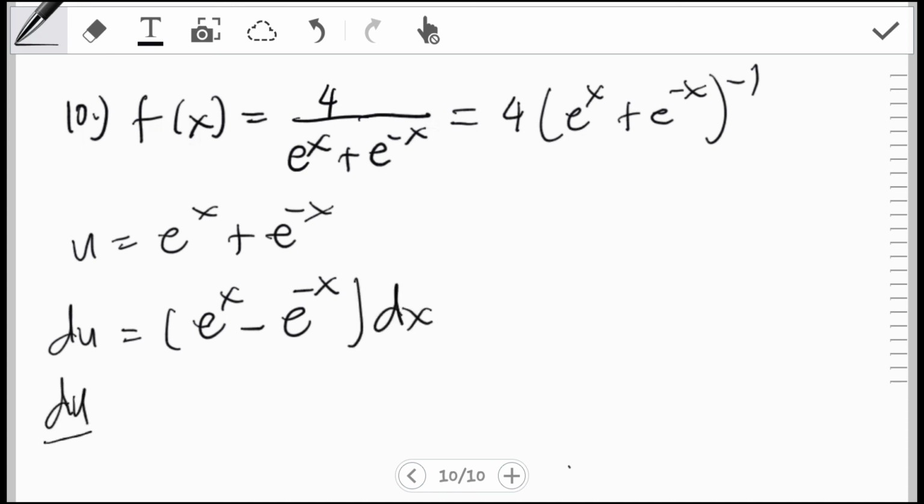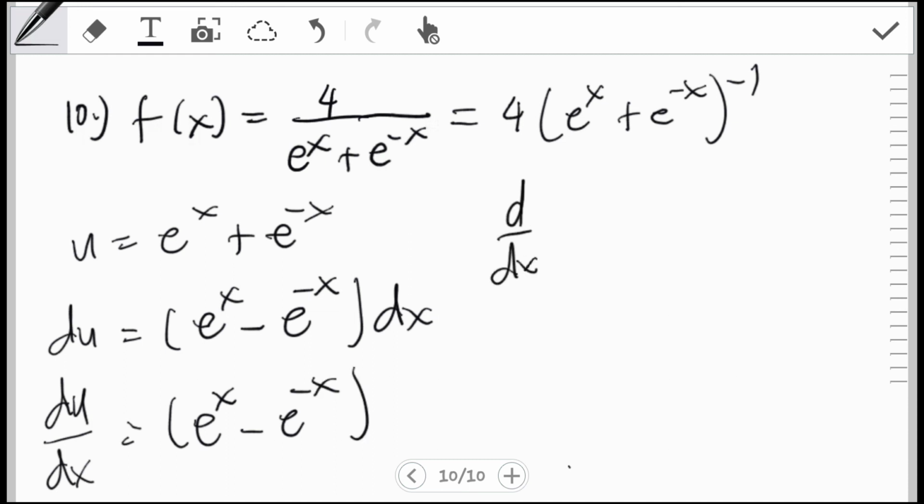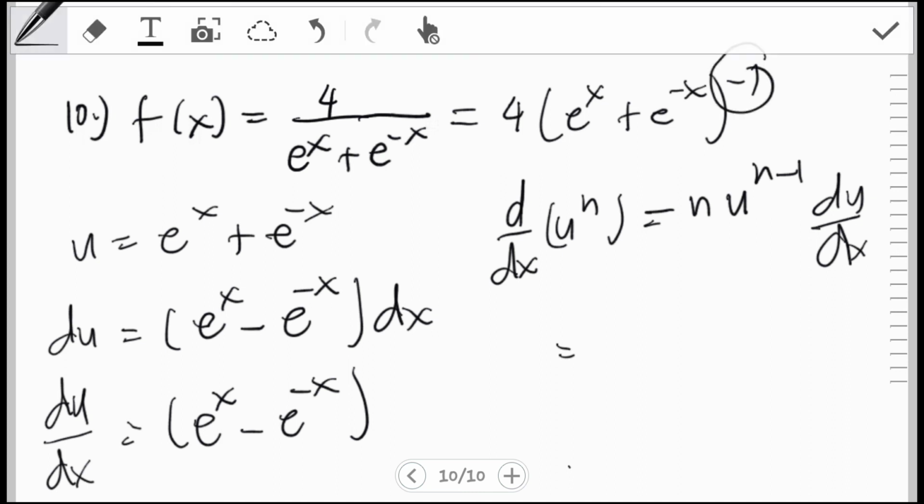So where du over dx here is equals to the quantity of e to the power x minus e to the power negative x. By applying this formula, d over dx of u to the power n is equals to n u to the power n minus 1 du over dx. Okay, so here n is negative 1.